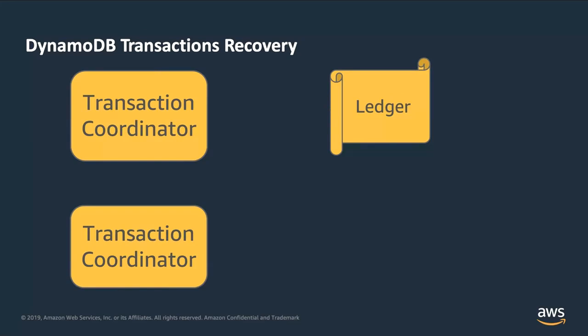So coordinators maintain a soft state with a persistent record for each transaction and its outcome in a ledger. Just like I was saying about the client-side application where you would have to keep a ledger, think of it in a similar way.